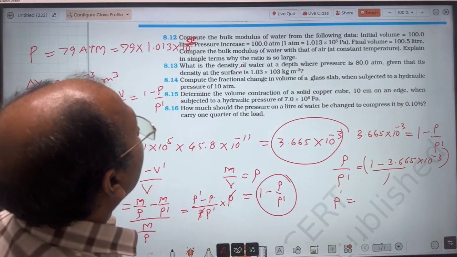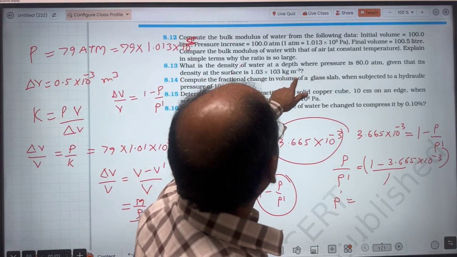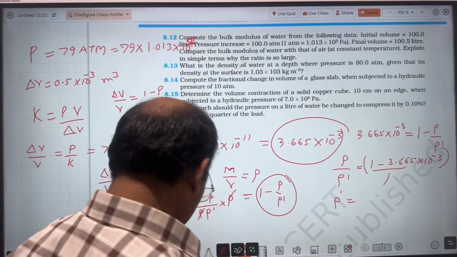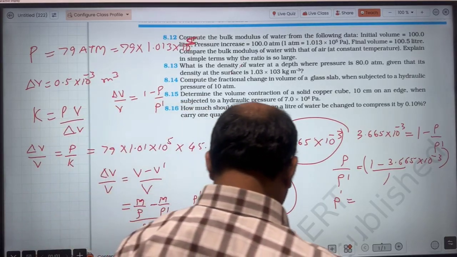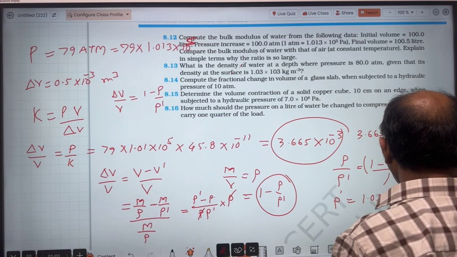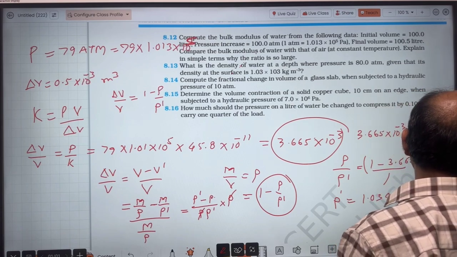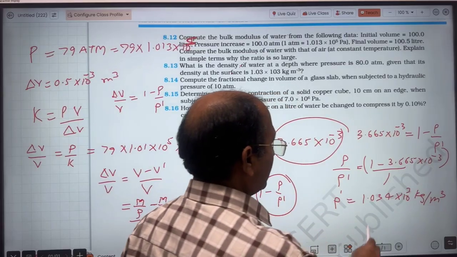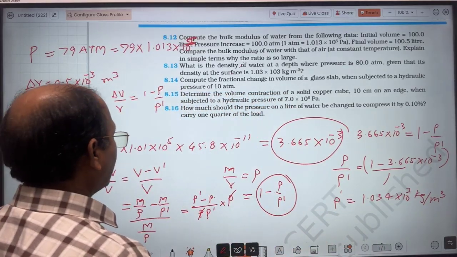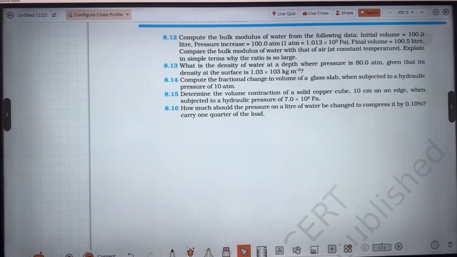Rho is given as 1.03 into 10 power 3 kg per meter cube. The calculation is your part, and after evaluation you will get 1.034 into 10 to the power 3 kg per meter cube.